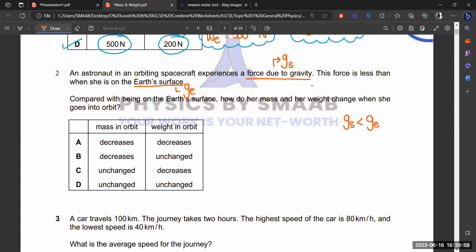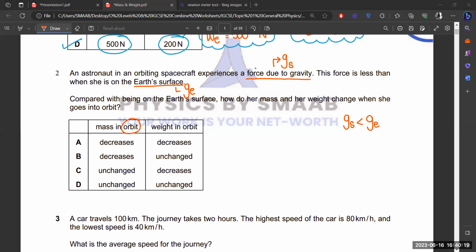So is there any difference in mass? First of all, they are talking about mass in orbit. So does mass remain same or will there be any change in mass? Will there be any change in mass?